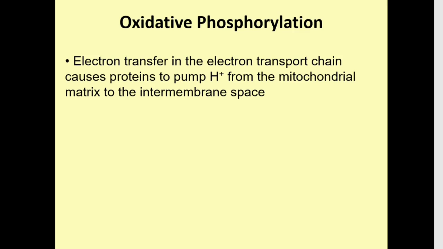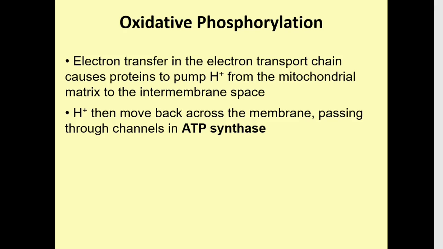So let's put some text to that if you wanted to write down some notes, because I've just used diagrams quite a bit. Electron transfer in the electron transport chain causes proteins to pump hydrogen ions from the matrix to the intermembrane space. Hydrogen ions then move back across the membrane, passing through channels in ATP synthase.